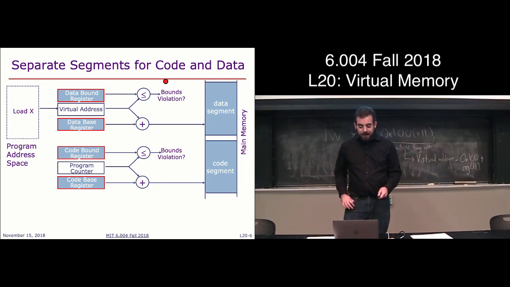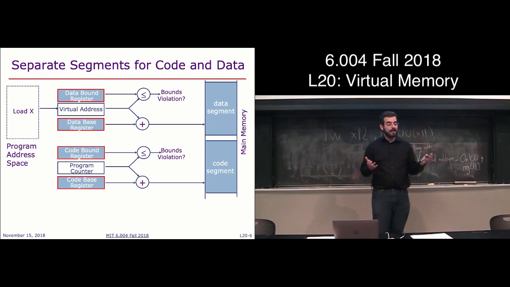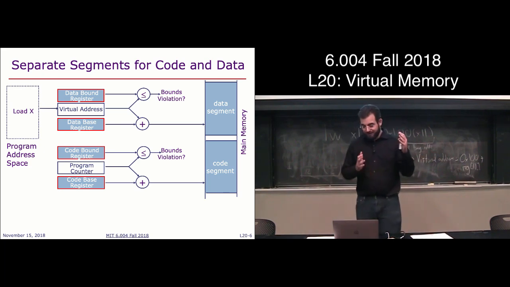Each segment is exactly like what I described before, but the difference is that whenever we're fetching an instruction using the program counter, we go through the code base and bound registers, and whenever we're doing loads and stores, we go through the data base and bound registers. So essentially we're reading and writing a data segment which is independent from the code segment.